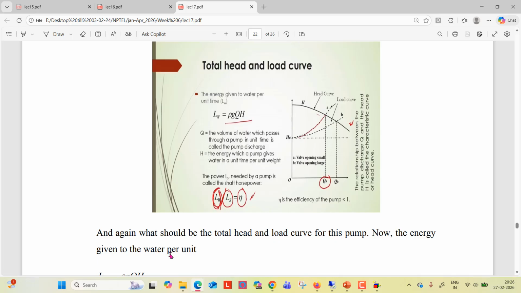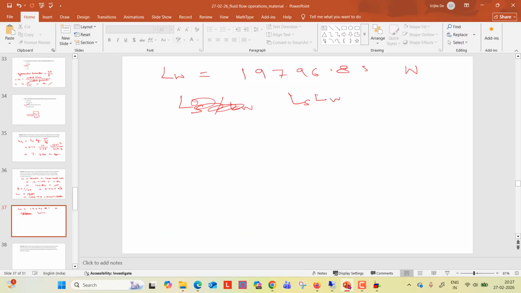Yes, this is water power, and shaft power is defined as LW by LS equals eta. So LS will be LW by eta.